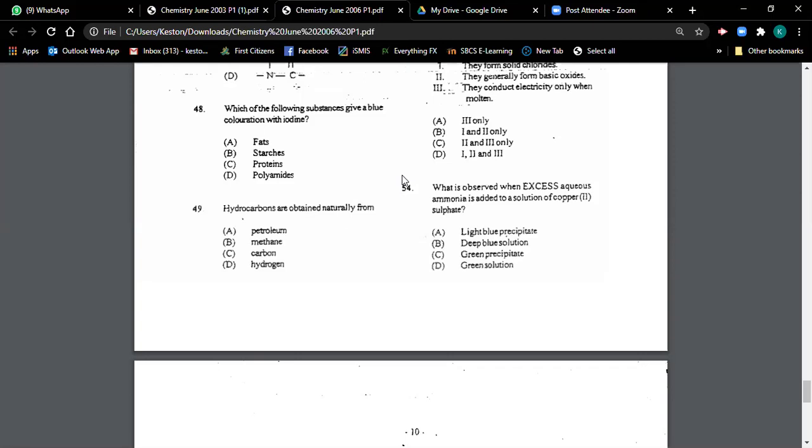B. Deep blue solution. Yeah, and why is that? What is causing it to give you that deep blue solution? What ion gives that color? And why do they use ammonia?